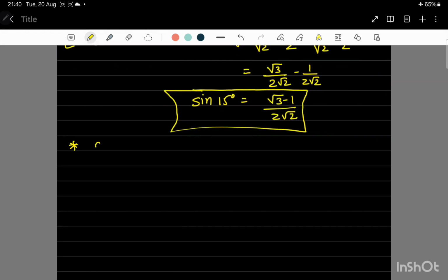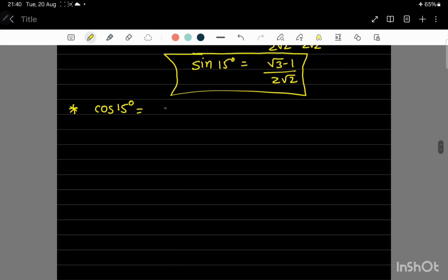And now to find the cos 15 degree value. So cos 15 equal to cos 45 degree minus 30 degree.